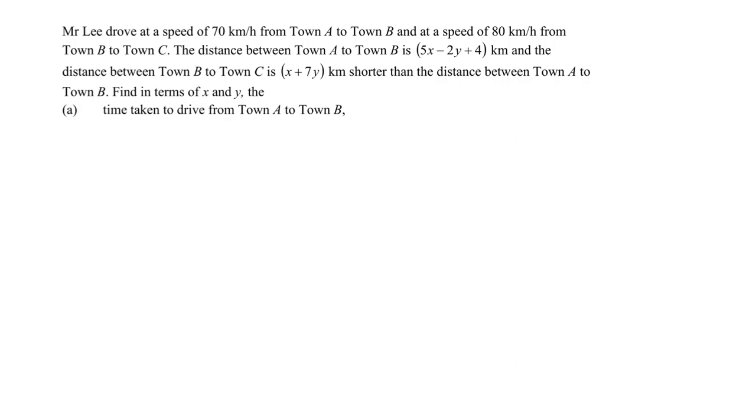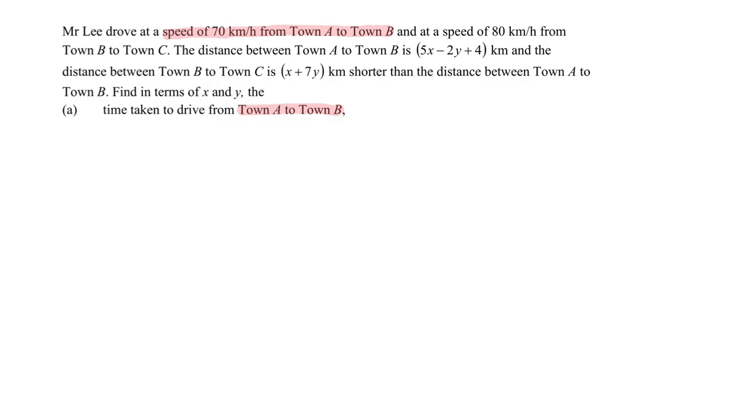Mr. Lee traveled at a speed of 70 km per hour. This is important information because for part A, we are required to find the time taken from town A to town B, and we have the speed, and the speed of 80 km per hour from town B to town C. This one we will use later on.